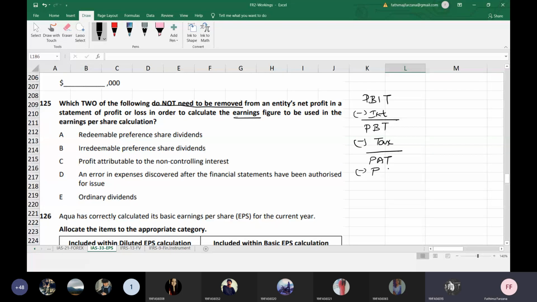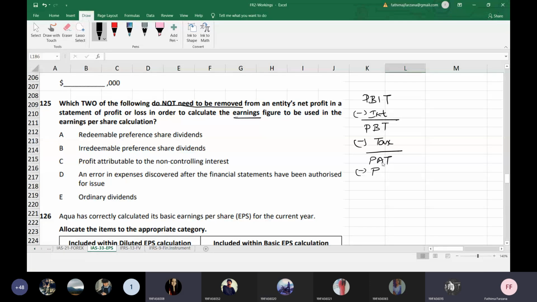Which type of preference shareholders will we give to? Irredeemable or redeemable, I guess. Redeemable. What is redeemable, irredeemable? Which can be converted to equity?